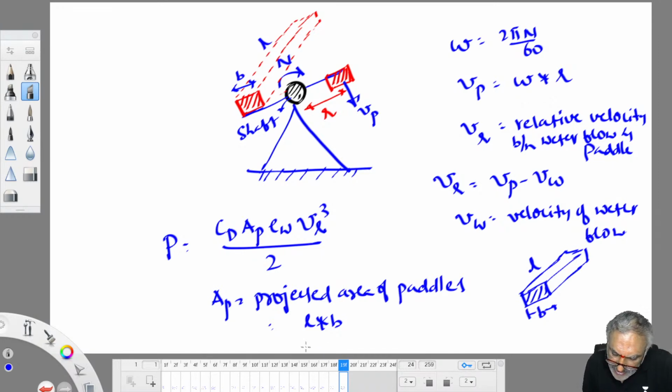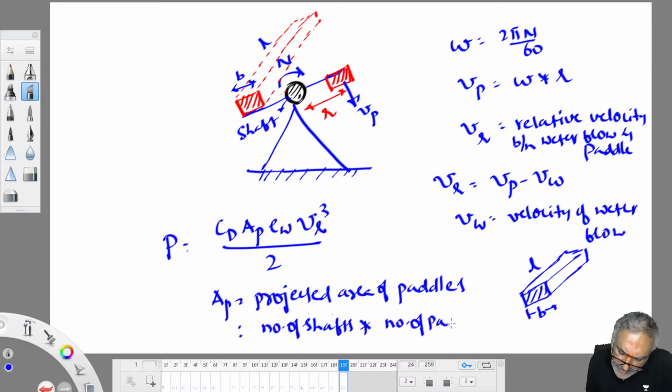So the total projected area of paddles is equal to the number of shafts into the number of paddles per shaft, so normally 2 paddles or 4 paddles you can use, into the area of each paddle.